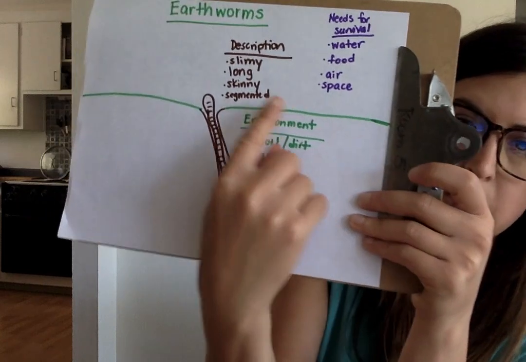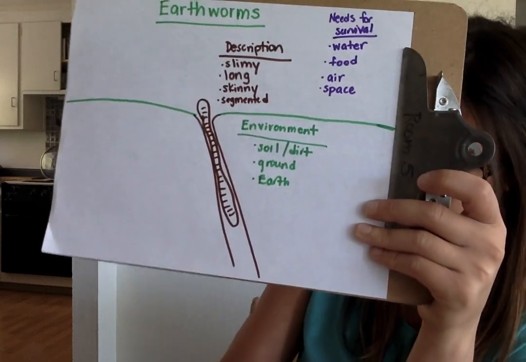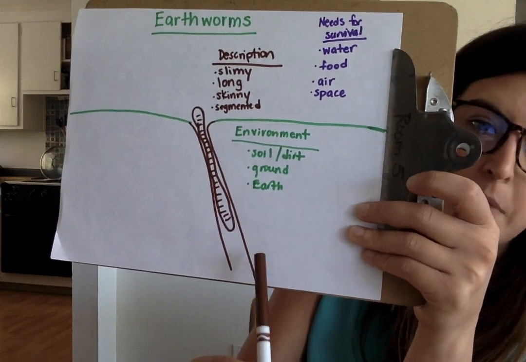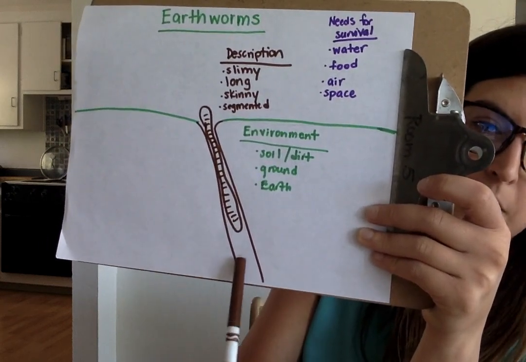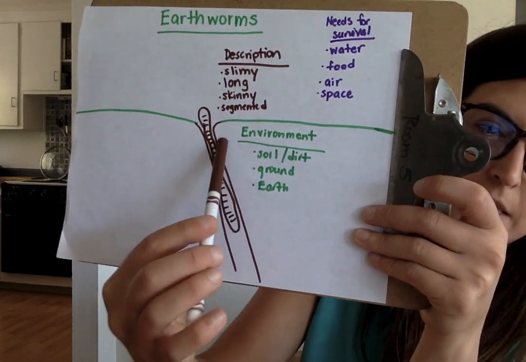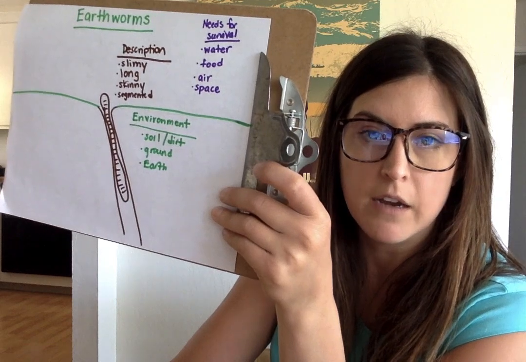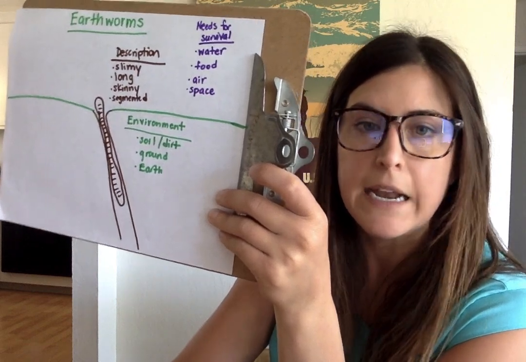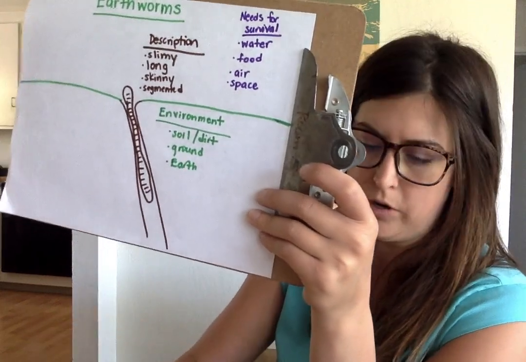Good. So what's the earthworm doing right here in this area? It's making a tunnel. Right, so when it makes that tunnel, it makes like little air pockets in the earth. And that has an impact on the environment that it lives in. It has a positive impact. That means it helps the earth.